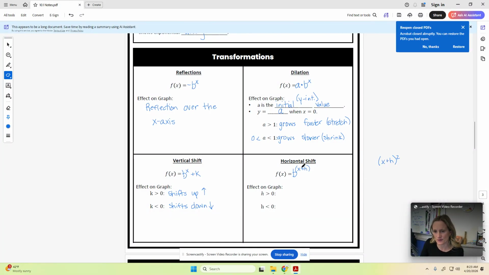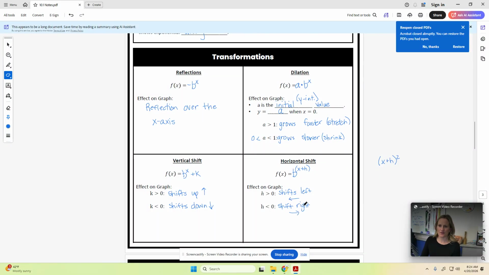Here, it's in the parentheses with the variable. It just so happens that that means it's in the exponent. And just like with quadratics, it moves it in the opposite direction of what you would expect. So if you have a positive value for h, if you have something added, it's going to shift your graph in the negative direction, so it's going to shift it to the left. And if you have a negative value, so something being subtracted from x in the exponent, it's going to shift it in the positive direction. It's going to shift it to the right.